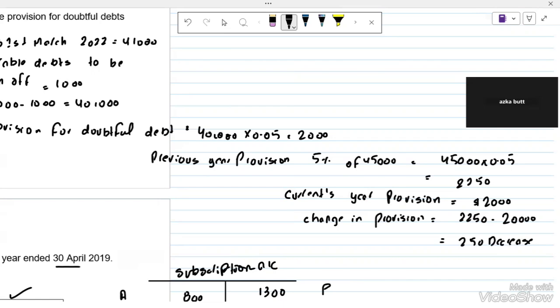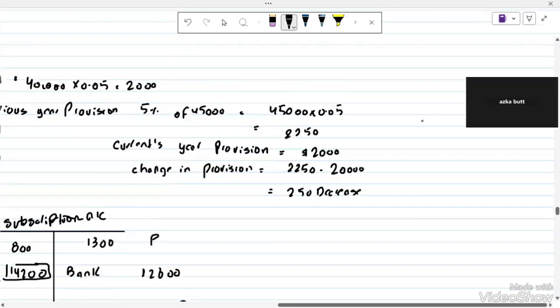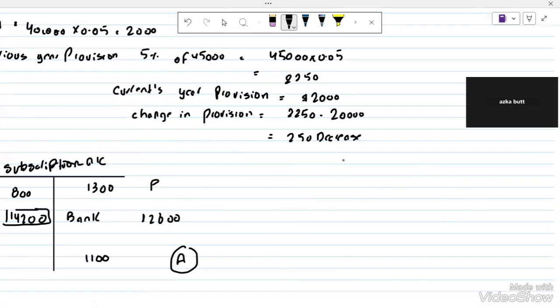Now we are going to calculate the total effect on profit. The irrecoverable debt decreases profit by 1,000.